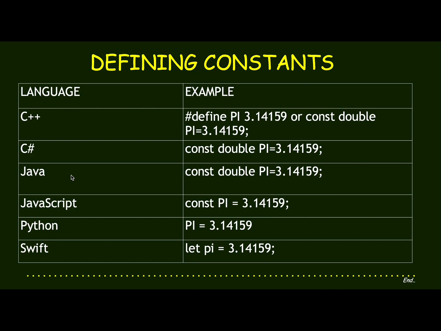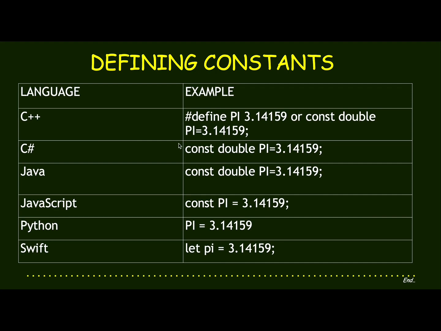On my table here, we have the various languages and the way they define constants in their programs. In C++, you still use #define, then bring PI inside, or you can say const double PI, then bring the value attached to it.